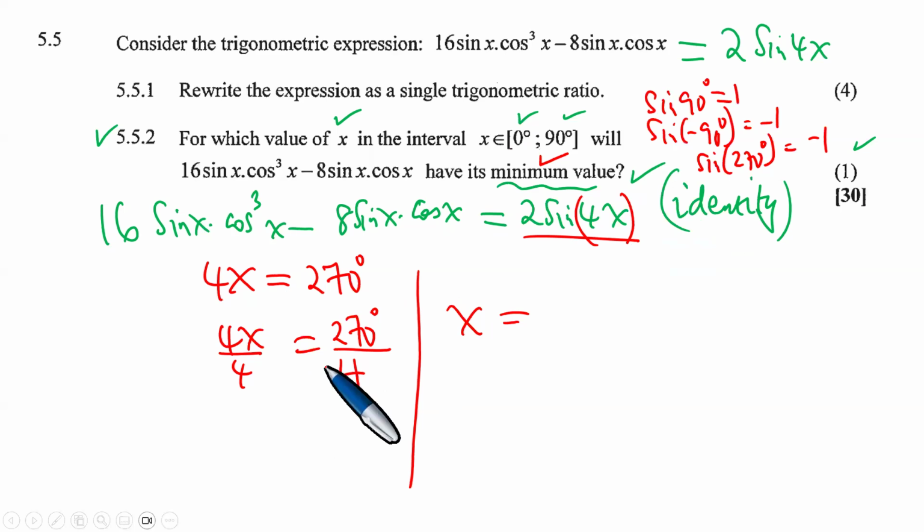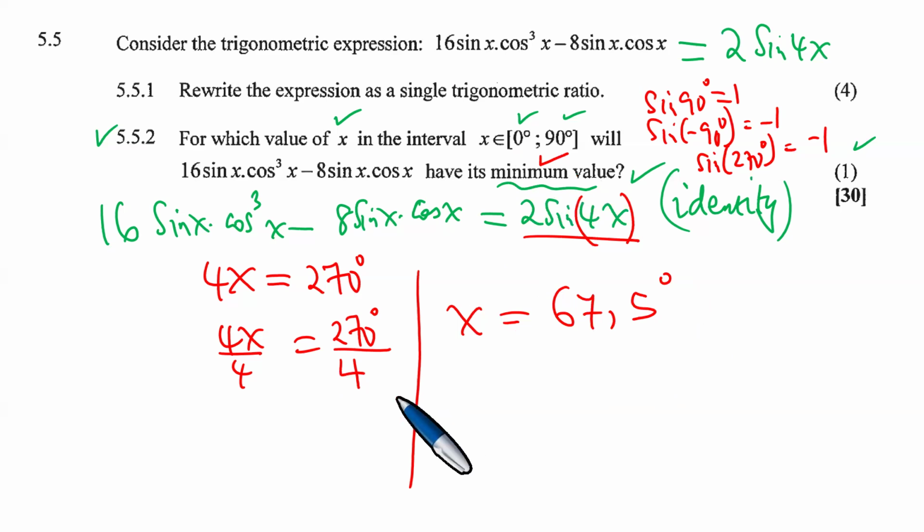So we're going to have 270 divided by 4. What is the answer? 270 divided by 4 is actually 67,5 degrees. And this 67,5 degrees is an angle that lies between 0 and 90. Any question?